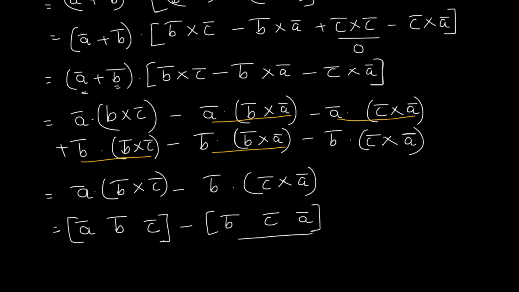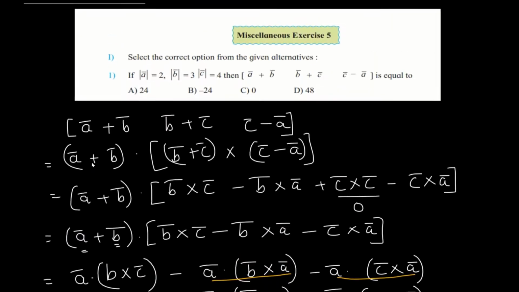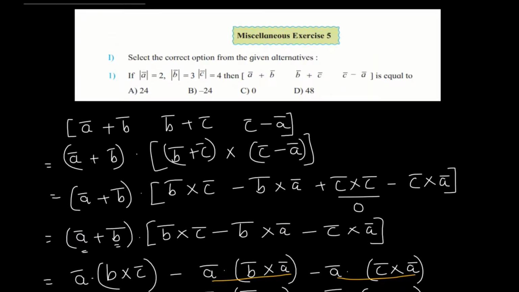So A comes to the first position, B to the second and C to the third, giving [ABC] − [ABC]. So the answer becomes 0, and 0 is the correct option.